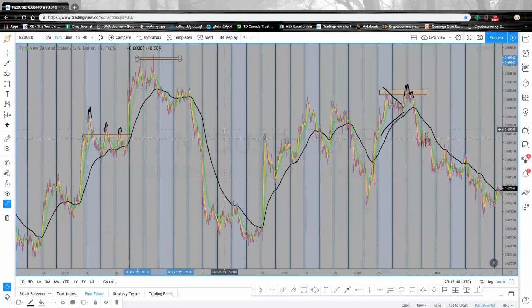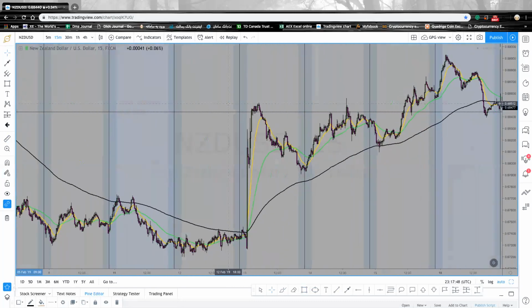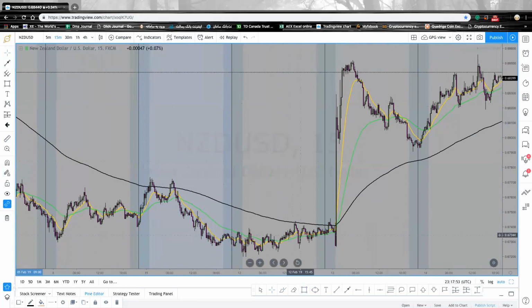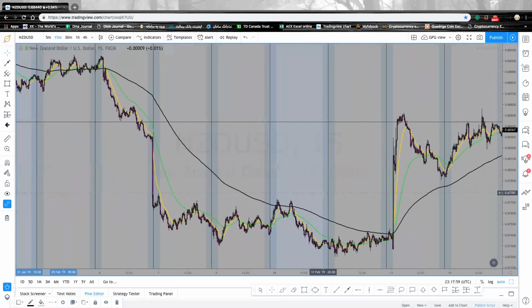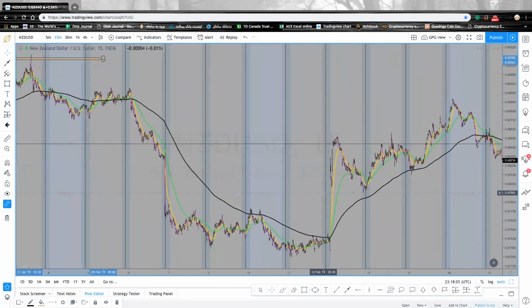See, the candlestick story is different from the market maker's story. When you're trading, you have to think like a market maker and understand the candlestick language. Okay? I hope I didn't confuse you by telling you what the market maker is doing.